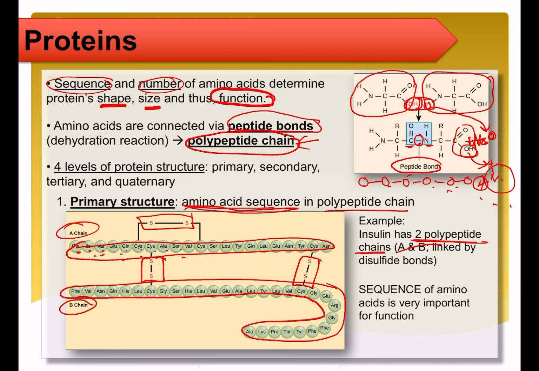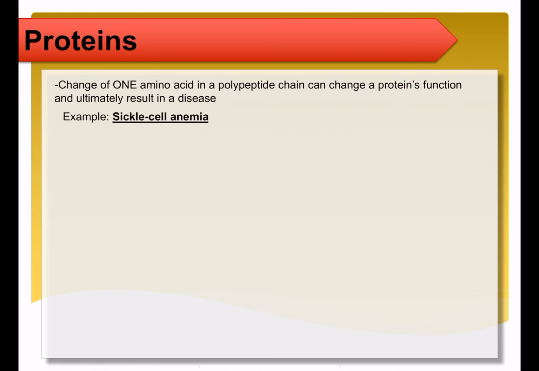So the sequence of the amino acids is what the primary structure means, and it is very important for its function, because the sequence drives the 3-dimensional structure of the protein, which is very important for its function.